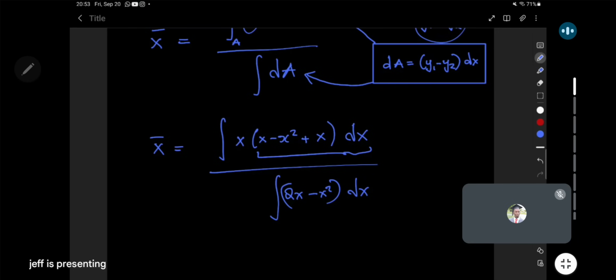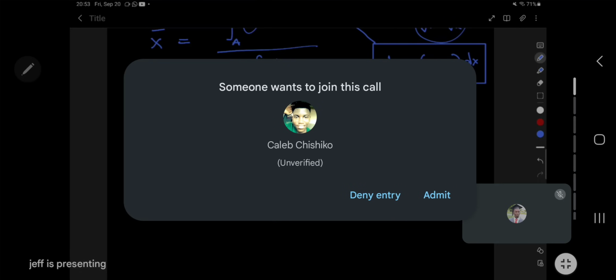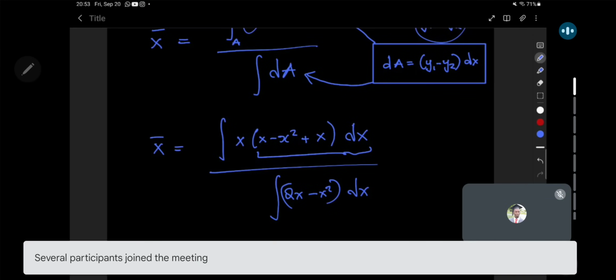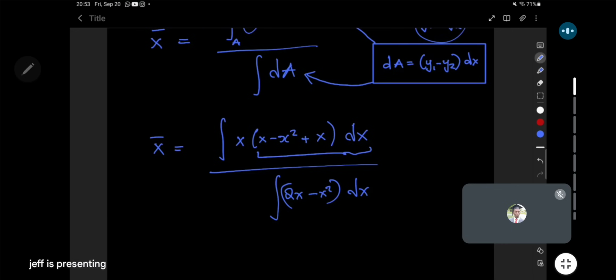Mapalo, you have a hand up? Yes, sir. Can we have a situation whereby the x tilde is given in form of a certain function?